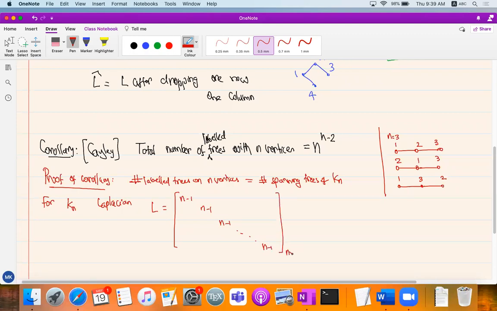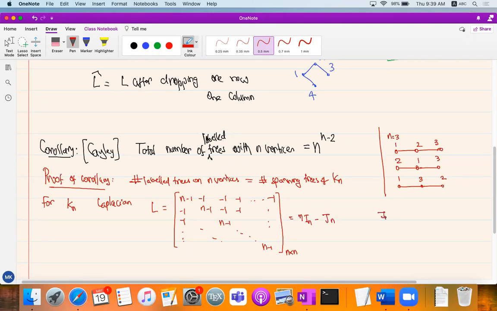This is an n cross n matrix. So the degrees are n minus 1 and everything else is minus 1. As we saw in that illustration, all off diagonal entries are minus 1. Which we can write very simply as n times the identity matrix minus the constant 1 matrix.